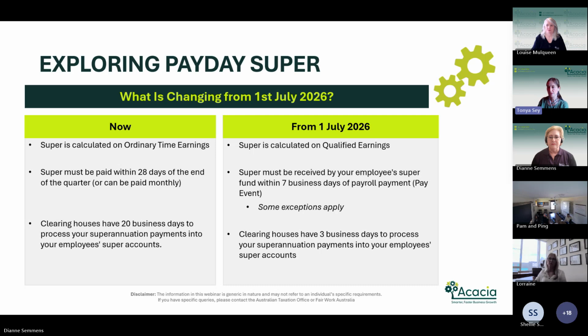They have 3 days to either deposit it into the employee's super account, or refund it back to you if there's a problem. That gives you extra time to correct whatever that problem may be and pay it again, should you need to, to make sure it actually hits your employee's account in the 7 business days. So it's not just that you've paid it in 7 days, it's got to be in their account. That is the big difference there.